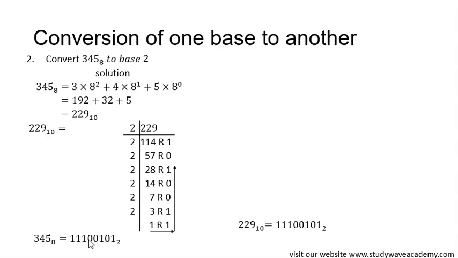In contrast to the decimal system, which is base 10, that we commonly use, where each digit represents a power of 10, in binary, each digit represents a power of 2, okay? So this is a binary number. Binary numbers have only 2 digits, 0 and 1, and it's in base 2, okay? Do you understand?